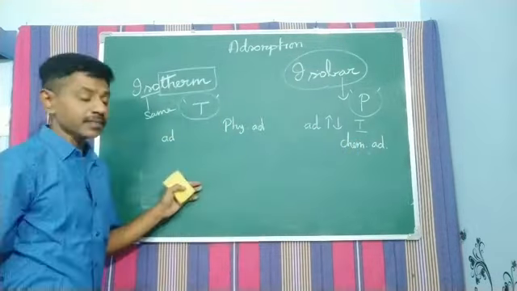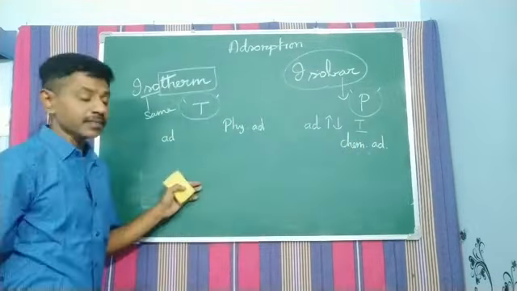On the x-axis I am going to have x by m. That is, x refers to the amount of adsorbate, and m refers to the amount of adsorbent.